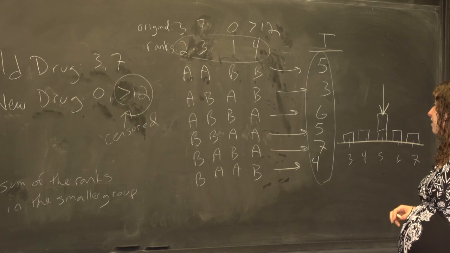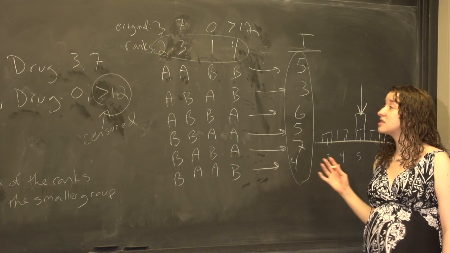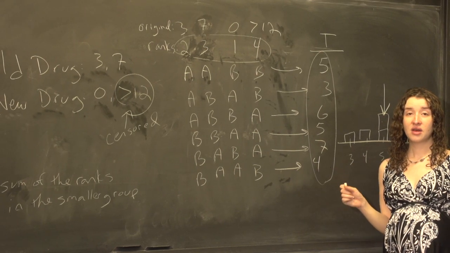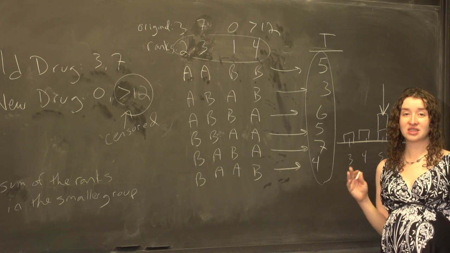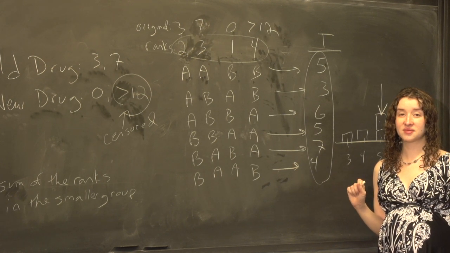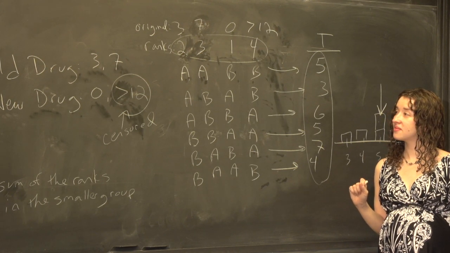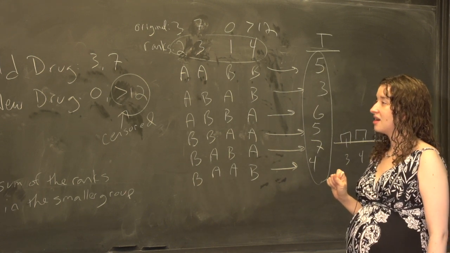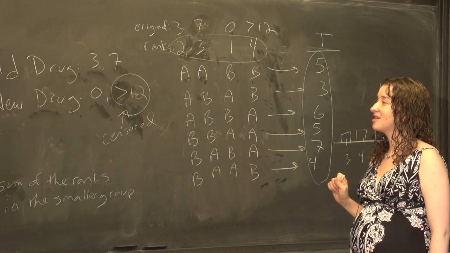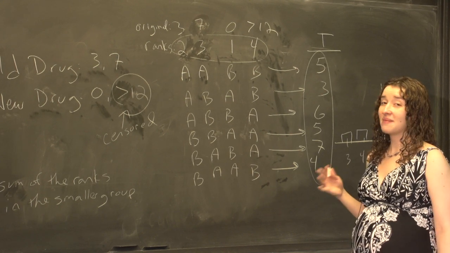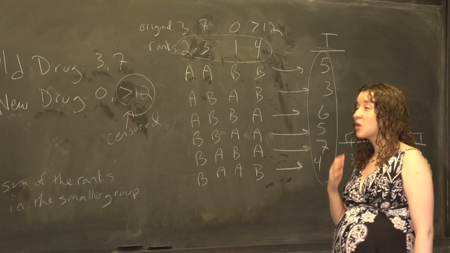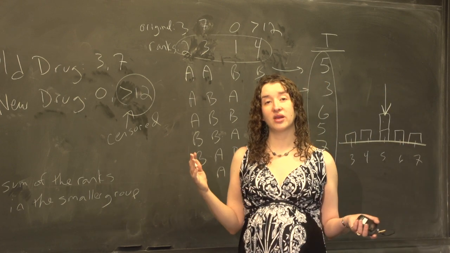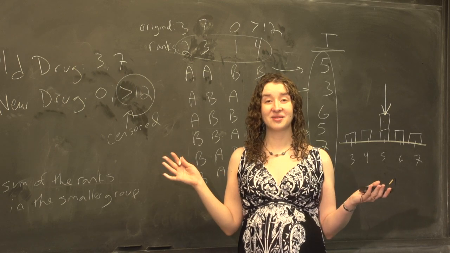Another thing to point out is the fact that we're taking the sum of the ranks in one group and not a difference in mean ranks. How come? How come we're not just taking the difference in mean ranks? Remember way back to high school or even middle school algebra, where one of the things that you talked about was an equation for the sum of all the numbers from 1 to 10, or 1 to 20, or 1 to n, 1 to any number.